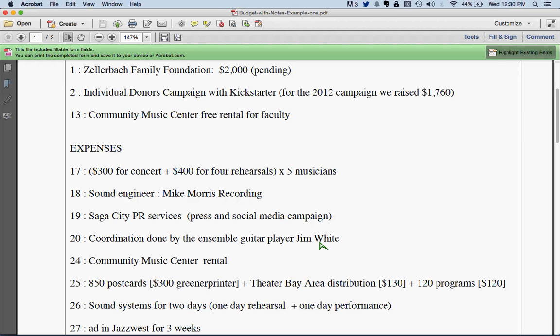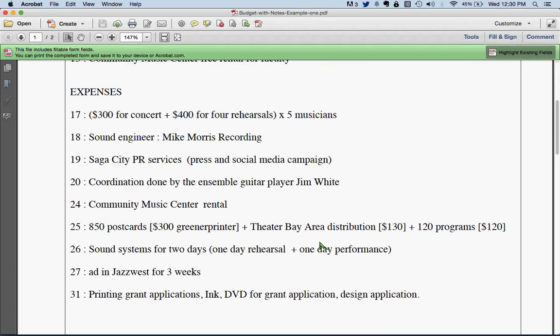So they've just broken down how they came up with these specific costs. And in number 27, we get to see the detail they have for the advertisement. They're going to advertise in Jazz West for 3 weeks, and that was the cost for it.